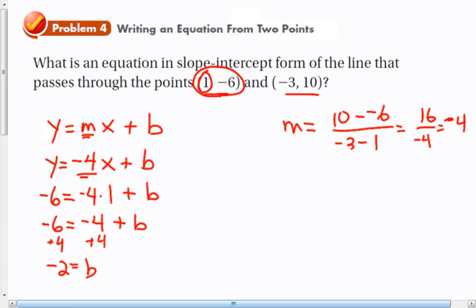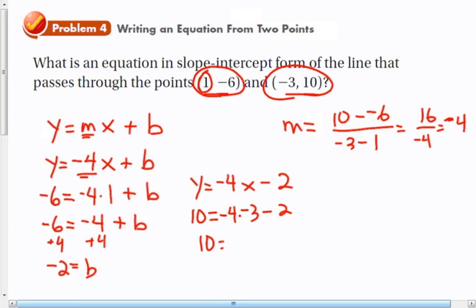So my equation now is y equals -4x, at least I think it is, plus -2, or minus 2. Let's just check that with the other point, make sure that works. So that means 10 should equal -4 times -3 minus 2. 12 minus 2 is 10. So that works for both of those, so that should be the equation. Go ahead, you try that.